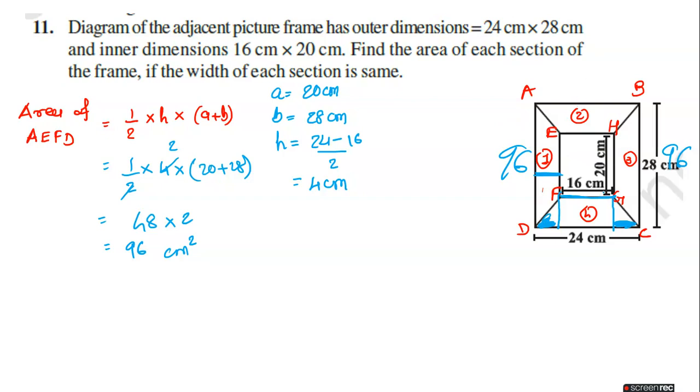You have to find both of these, and finally you have to add portion 1 plus portion 2 plus portion 3 plus portion 4, and whatever you get, that is your answer. So 96 plus 96 and these both parts which you get. So I'm leaving these things on you.